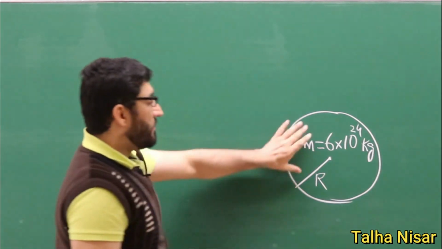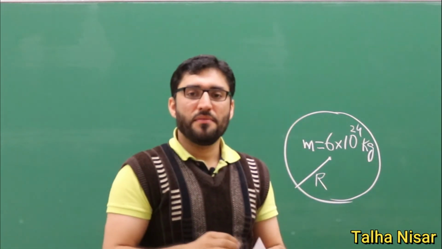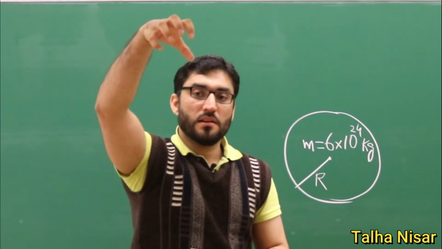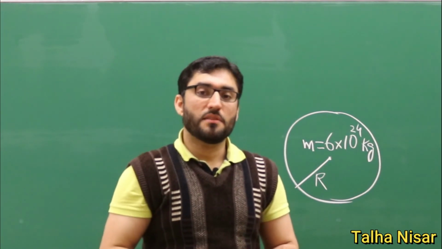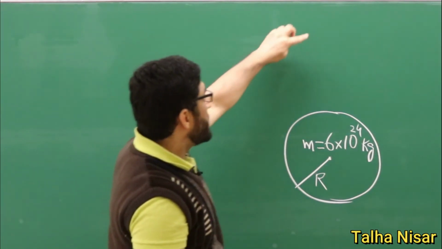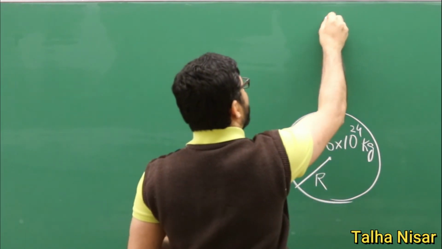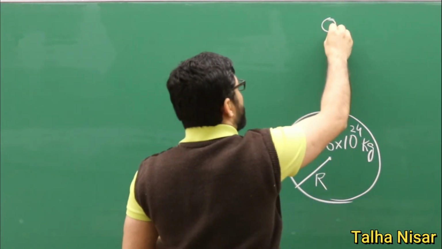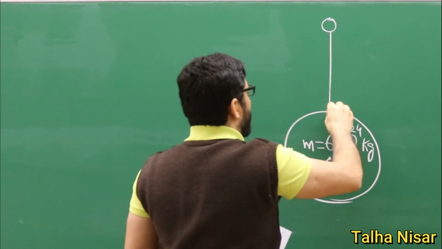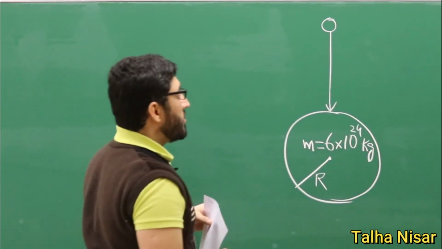So this is the Earth, and we have a small ball, and we drop that ball. Due to gravity, this object will come towards the Earth.